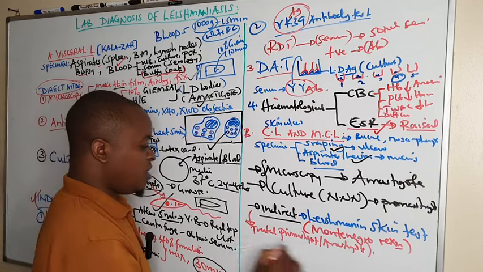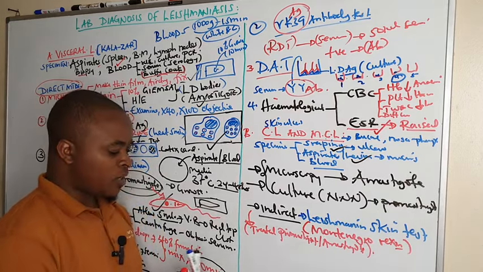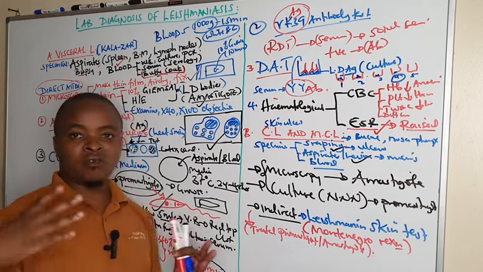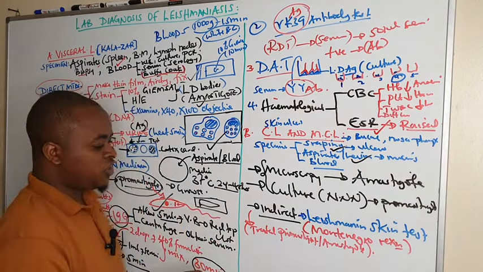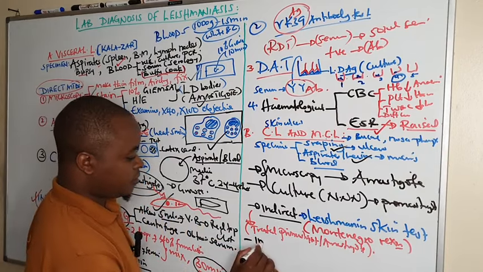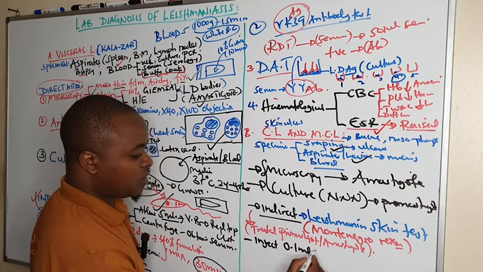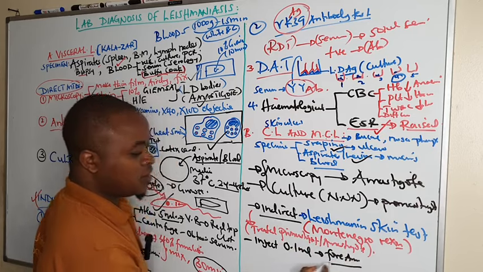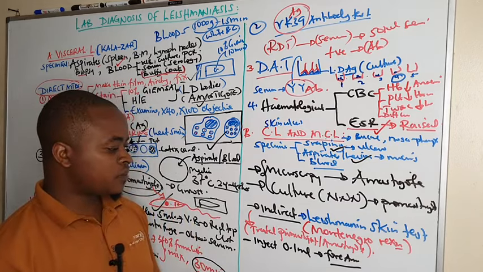Then we treat them so that they cannot infect the patient. And after making this preparation from either the promastigotes or amastigotes from the culture, we are going to inject 0.1 ml of this preparation on the forearm of the patient suspected to be having leishmaniasis.